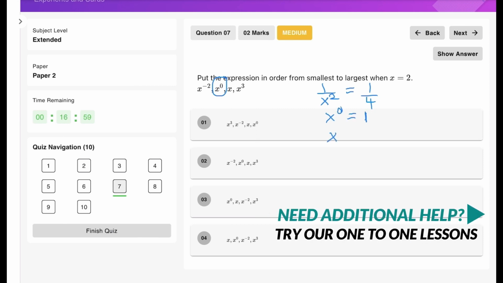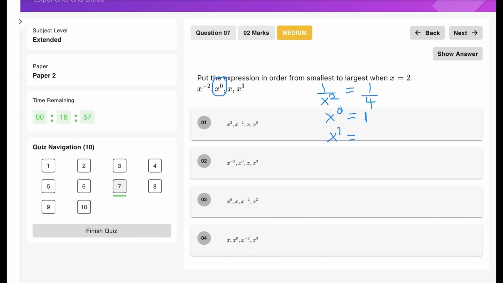Then x itself is like saying x to the power of 1, so this is the same as saying 2. And we have x cubed, which is 2 cubed, and that is 8. So looking at it, the expressions are already in order from the smallest to the largest. Therefore, option number 2 is our correct answer.